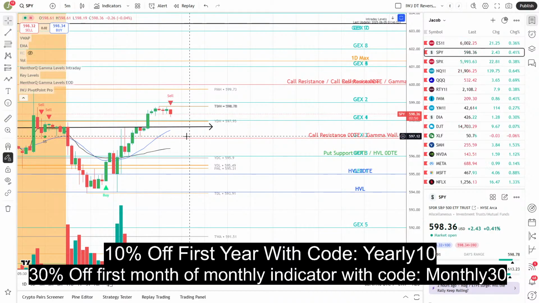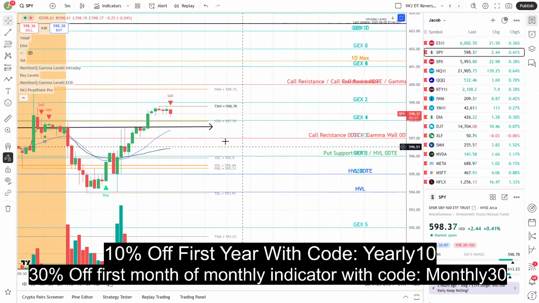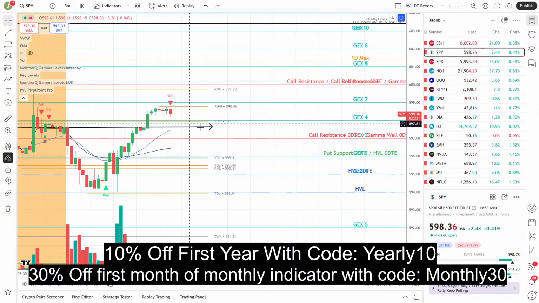You like to see some acceleration when they get through this low. If they can, this one right here at 598.23, you don't want to see them back off of it. You want to see them push through it and accelerate into this consolidation right here at 597.67.